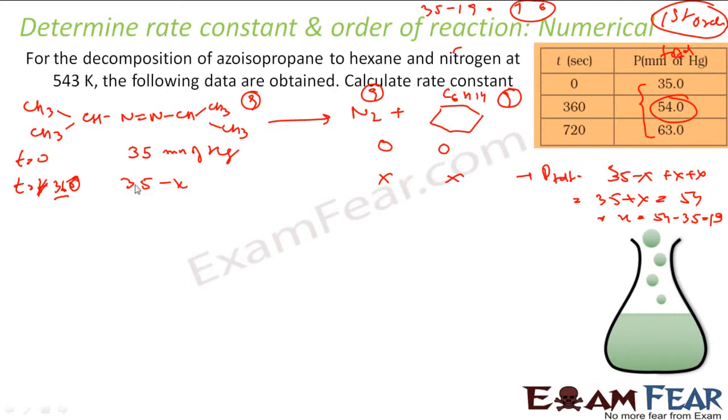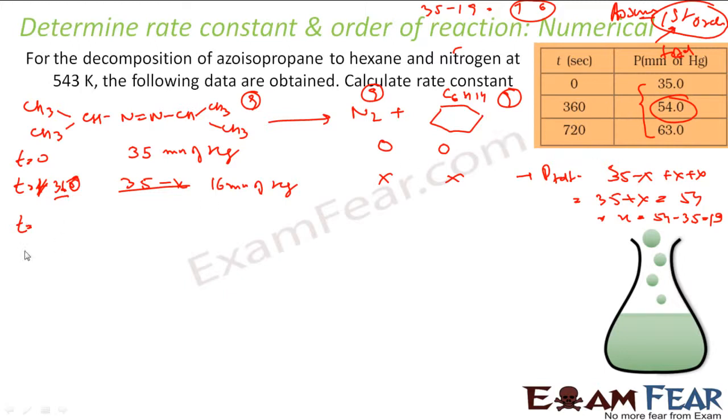So this becomes my 16 actually. Correct? At T is equal to 360. Again, see, I'm assuming it's first order equation. I'm not even sure.